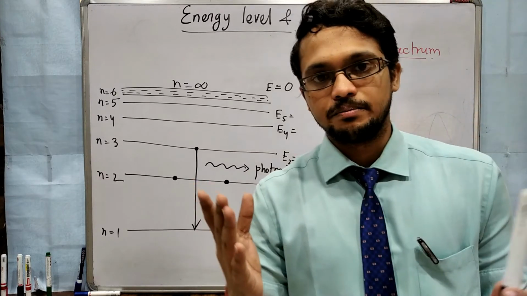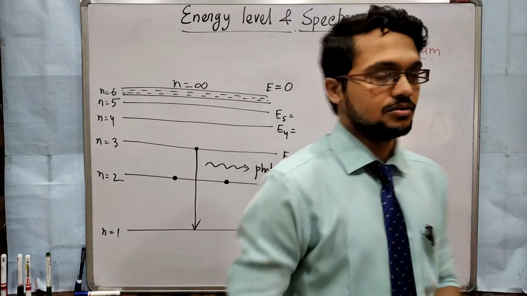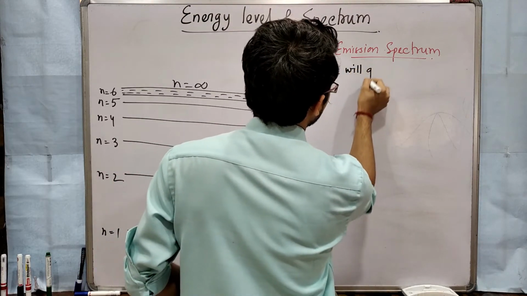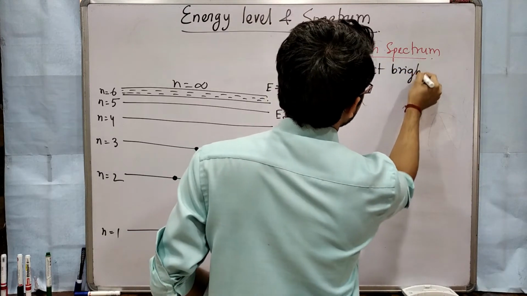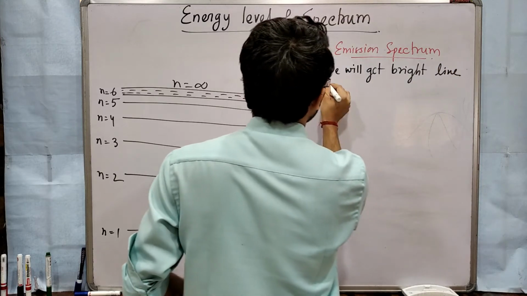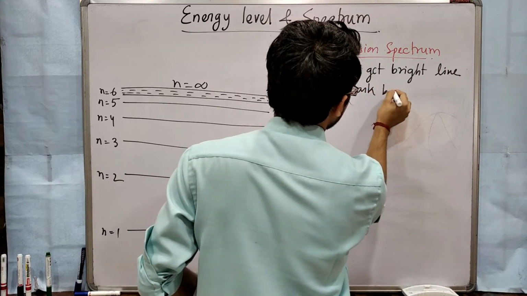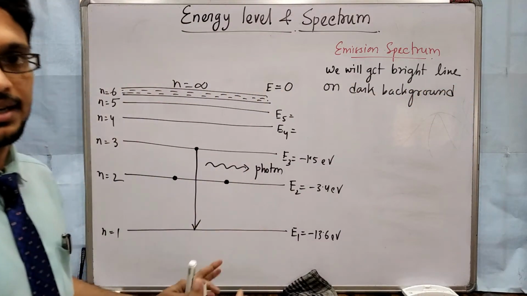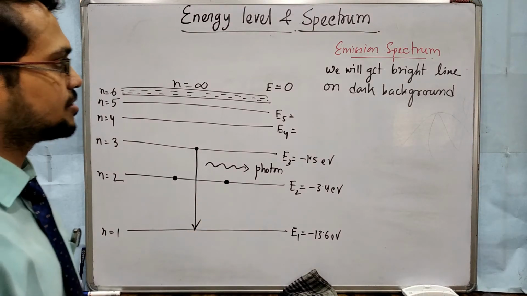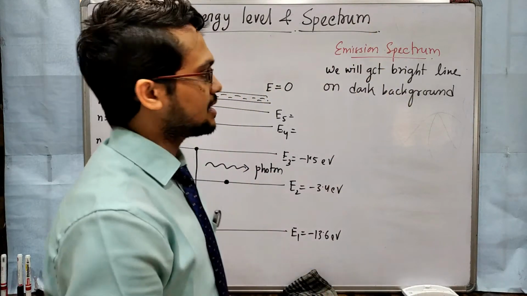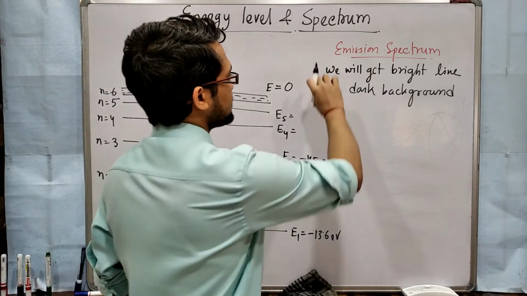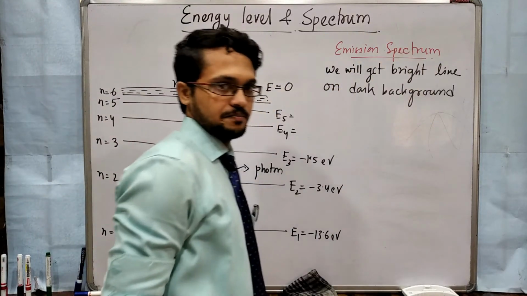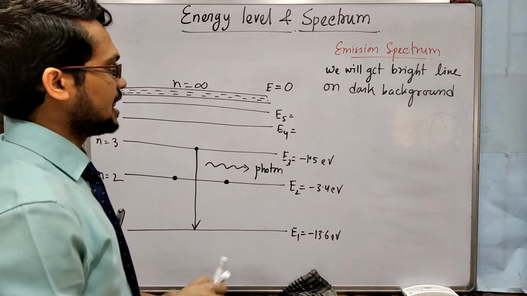So in the emission spectrum we will get a bright line on a dark background. If we see a bright line on a dark background, then we understand that it is an emission spectrum. Another kind of spectrum is the absorption spectrum.